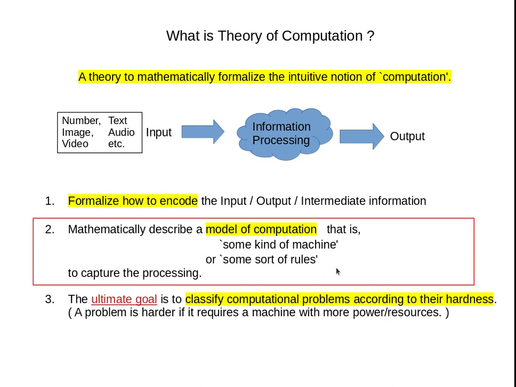One type of model is called automata, these machine-like models, and the other is grammars. So today we concentrate on an overview of all the computational models that we are going to study in this whole course.